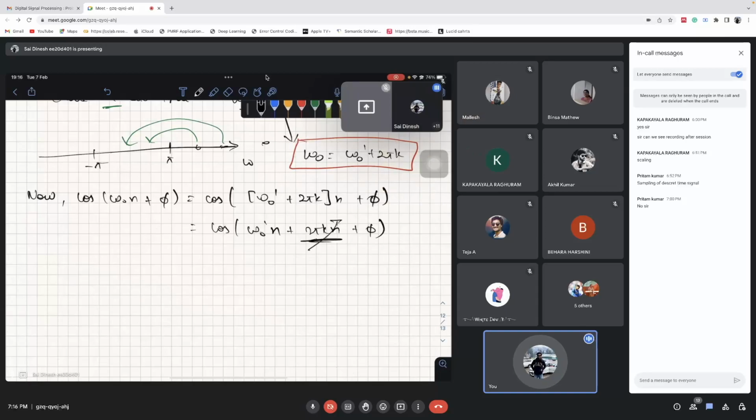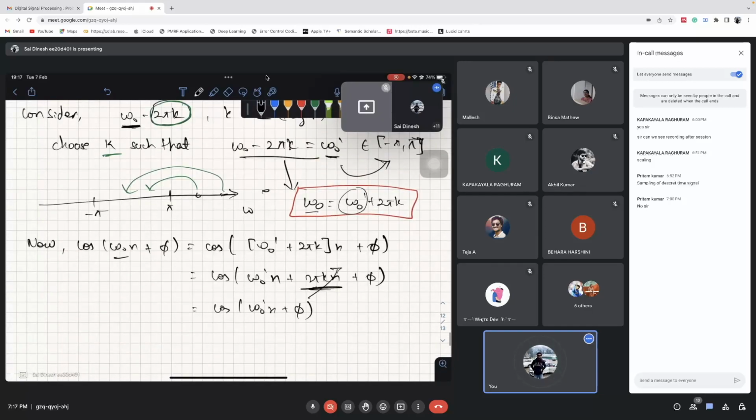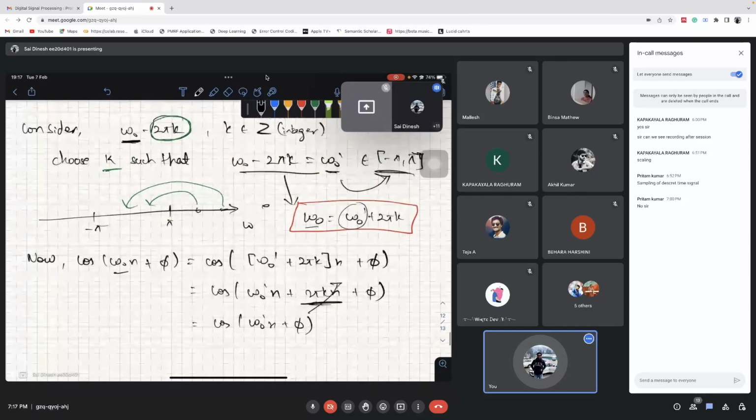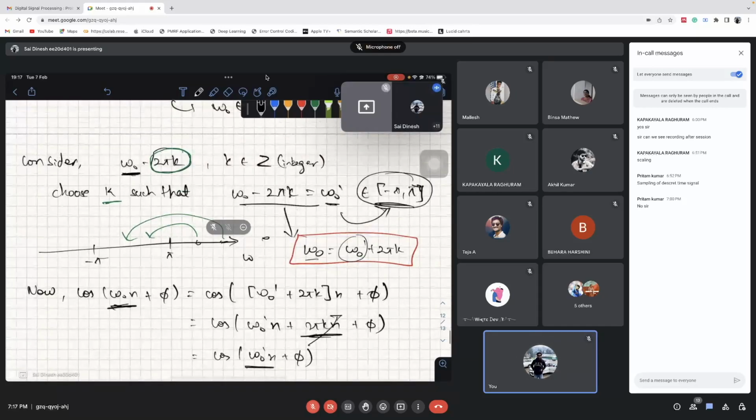This is an integer multiple of 2 pi, so what we have is omega naught dash n plus phi. So any omega naught can be brought into an omega naught dash range between minus pi and pi. So we started from an omega naught n, we ended with omega naught dash n, where omega naught dash is between minus pi and pi.